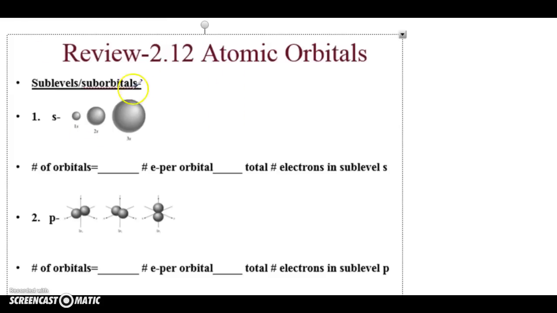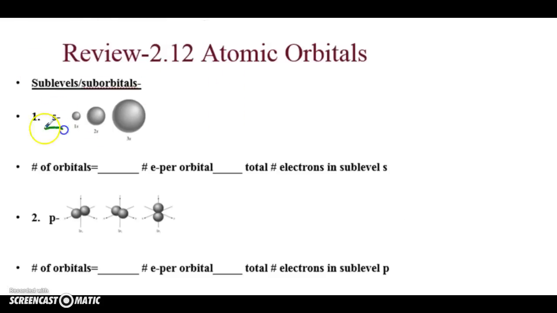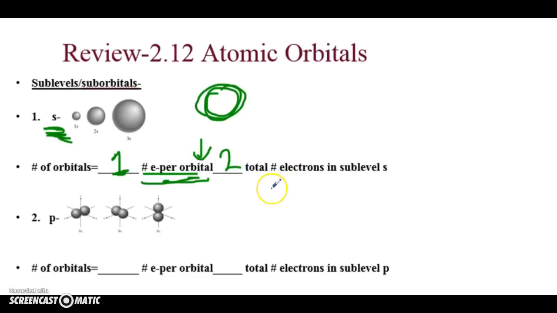All right, so review. S has one orbital, one spherically shaped orbital. How many electrons per orbital? All orbitals can hold 2 electrons. So the total number of electrons in an S sublevel is 2.